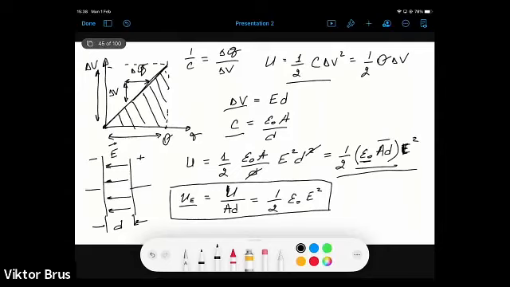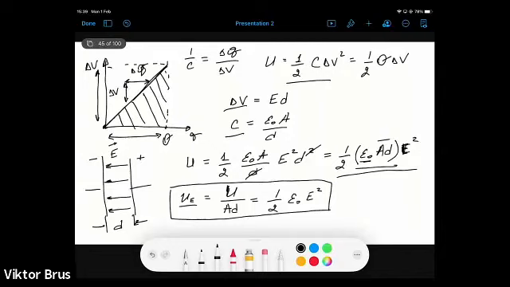Obviously, if we have non-uniform electric field, we need to divide this volume into very small volumes where electric field can be considered as uniform, and then calculate this specific characteristic, energy per unit volume of electric field, in this point of space.